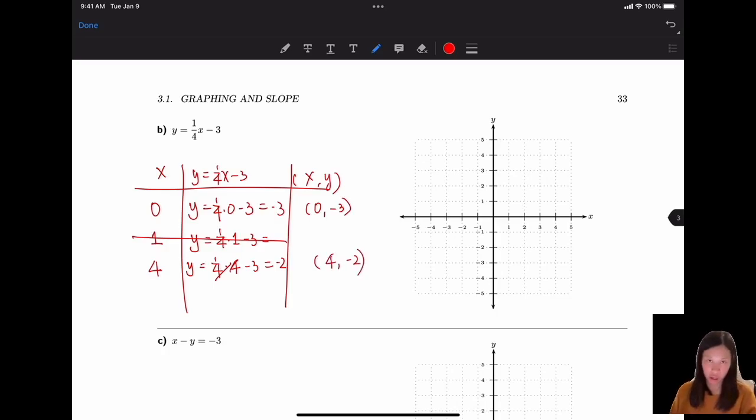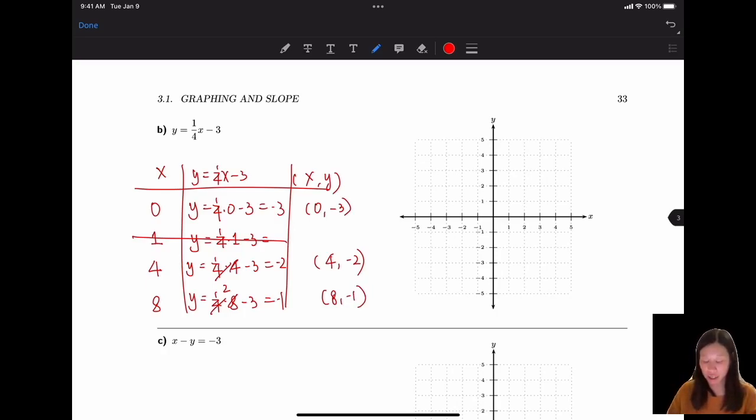And then you can use another one too, such as 8. When x equals 8, y equals 1/4 times 8 minus 3. 1/4 times 8, they cross cancel, therefore 2 remains, and 2 minus 3 equals -1. So you have 8 and -1. So you can choose anything you like.